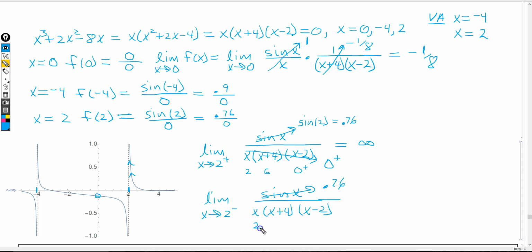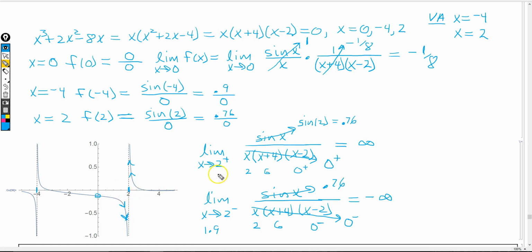This would still be approaching 2 and 6, but this term would be approaching 0 from the left because I would put a number like 1.9 in for x. This is negative. The whole bottom term is approaching 0 from the left. This is negative infinity. A positive number divided by a very small negative number, very large negative number, and we see that behavior from the graph over here.